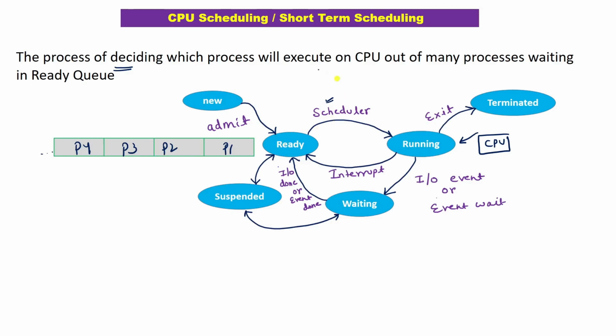That selection process is called CPU scheduling. And why do we call it short-term scheduling? Because in the previous video, I told you there are three different types of schedulers: long-term, short-term, and medium-term. Here the short-term scheduler comes. The short-term scheduler is the actual scheduler which selects one of the processes from the ready queue.